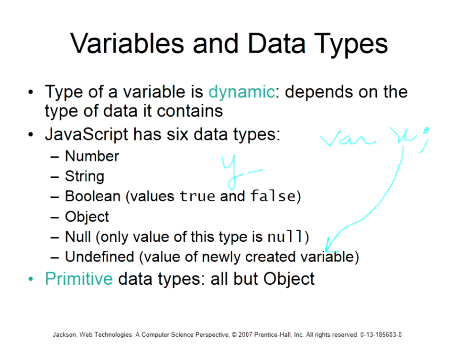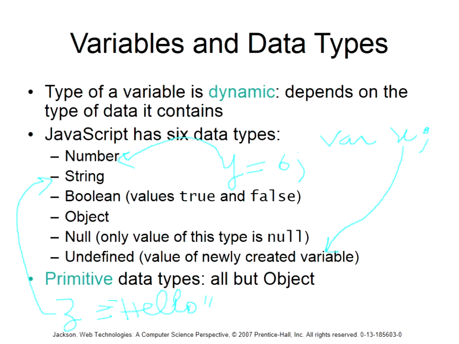If I write y equals 6, y is a number. z equal hello, so z is a string, etc. So keep in mind that there are 6 data types in JavaScript: number, string, Boolean, object, null, and undefined.